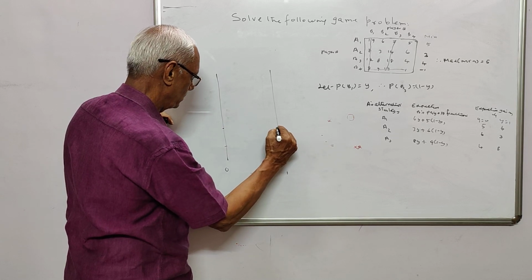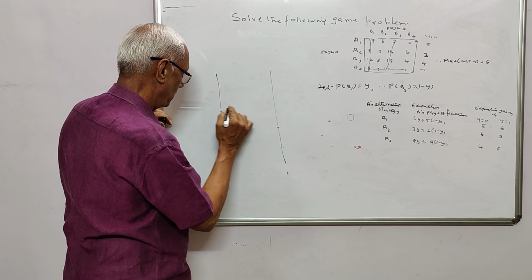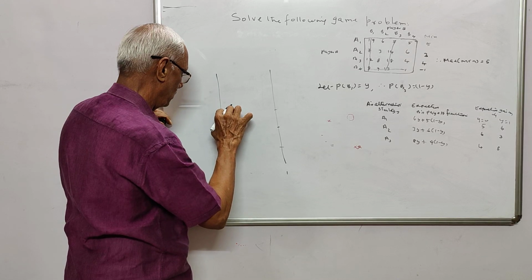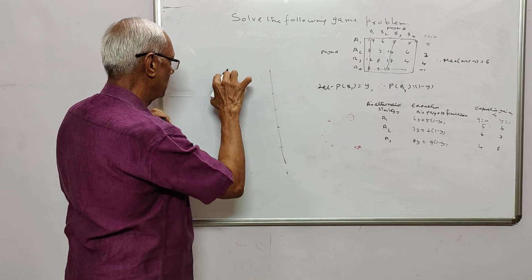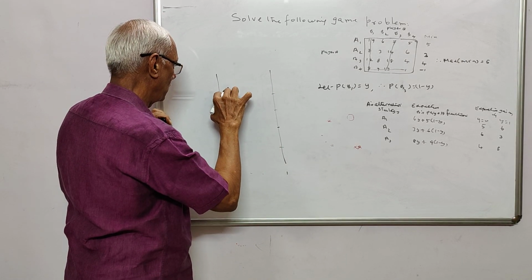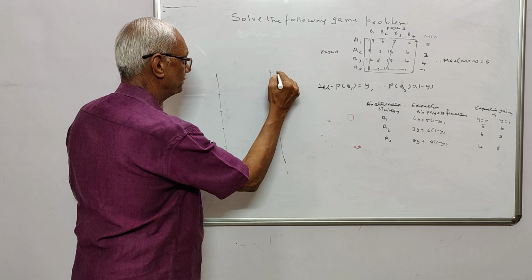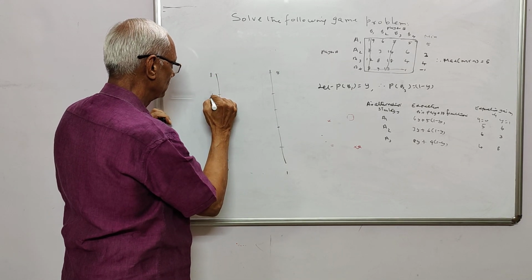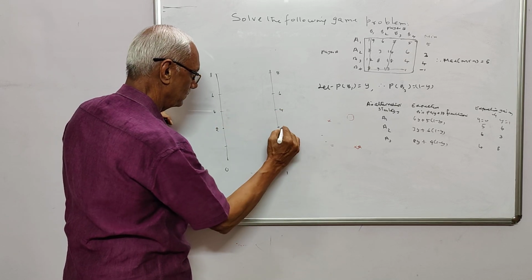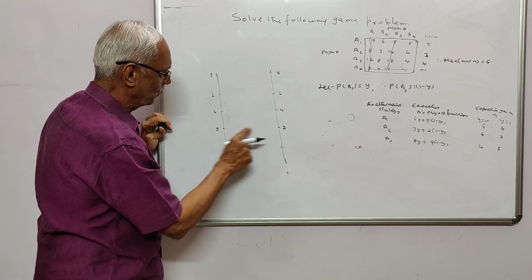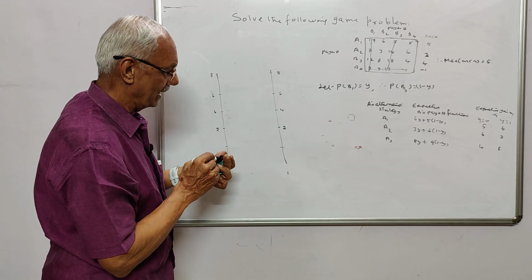It is 2, then 4, 6, 8. So you see 2, 4, 6, 8, and you have to draw the graph of this.